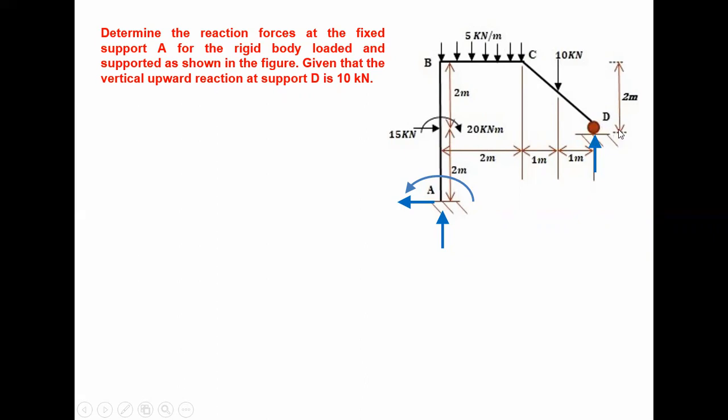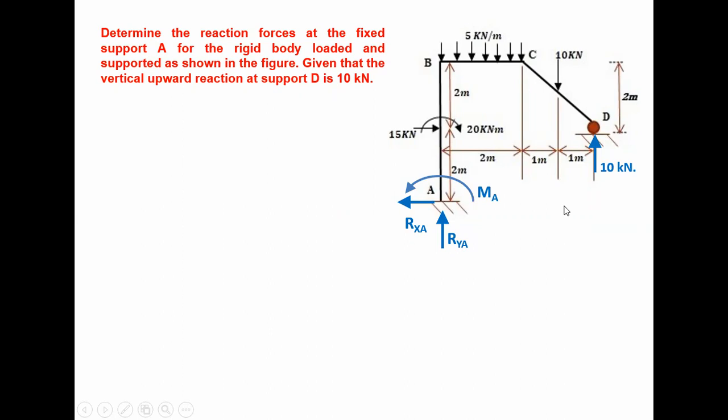There will not be any horizontal reaction or moment. Good. So let's name them. I'm naming horizontal reaction as Rxa and vertical reaction as Rya, and this D reaction is given, right? It is 10 kilonewton and moment is named as Ma. Okay. So how to determine these Rxa, Rya and Ma?